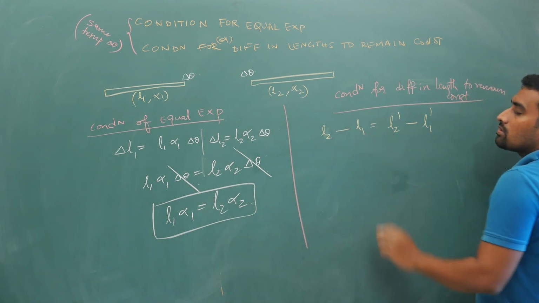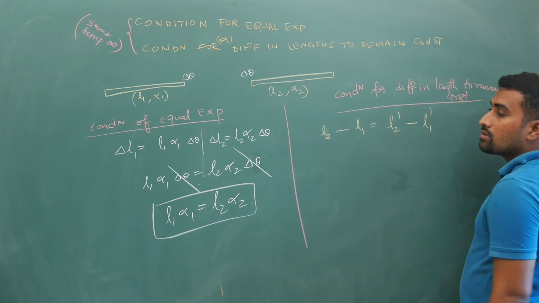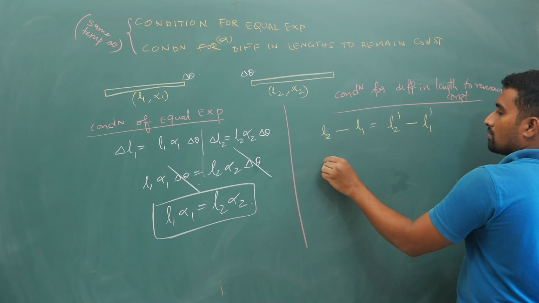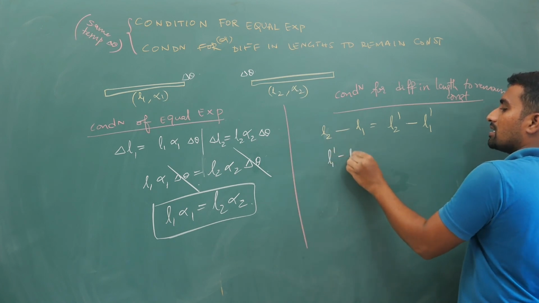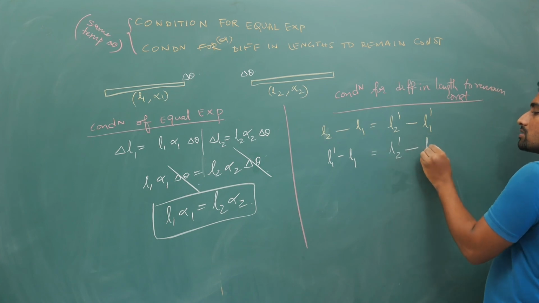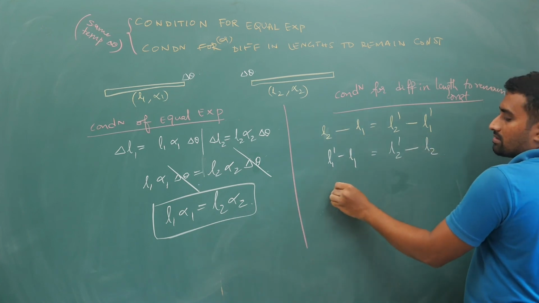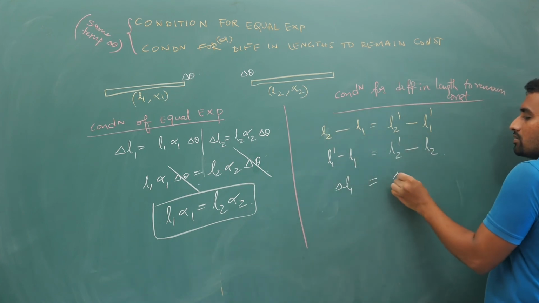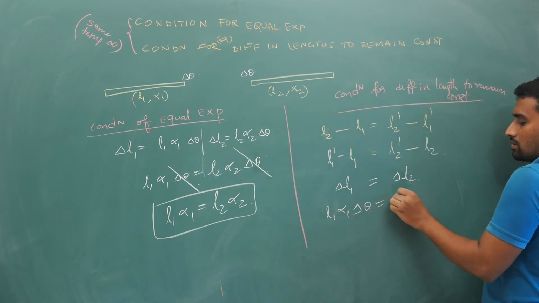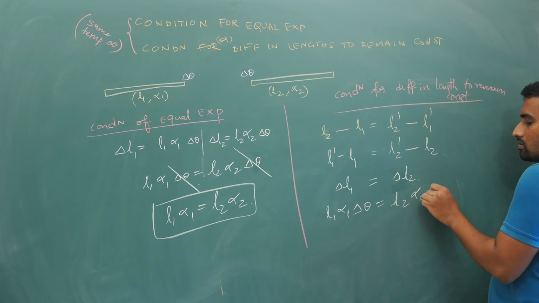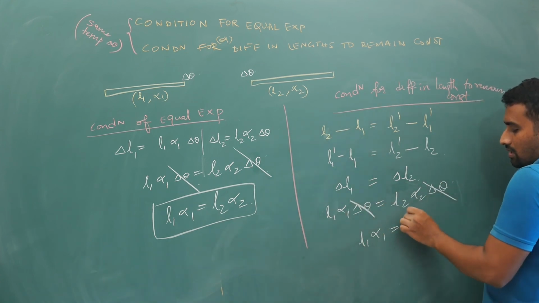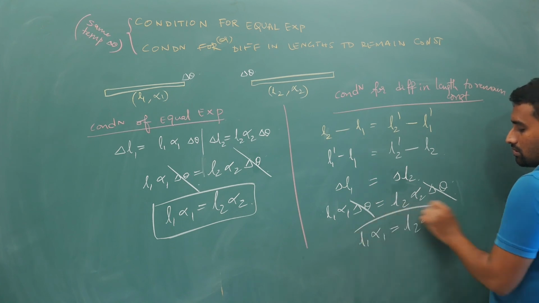Initially it is L2 minus L1, finally it is L2 dash minus L1 dash. So L2 minus L1 should be equal to L2 dash minus L1 dash. Now rearrange the terms: you send L1 to the other side, and that gives L1 dash minus L1, which is delta L1, equal to L2 dash minus L2, which is delta L2. Once again, L1 alpha 1 delta theta is equal to L2 alpha 2 delta theta. Delta theta will go off, so L1 alpha 1 is equal to L2 alpha 2.